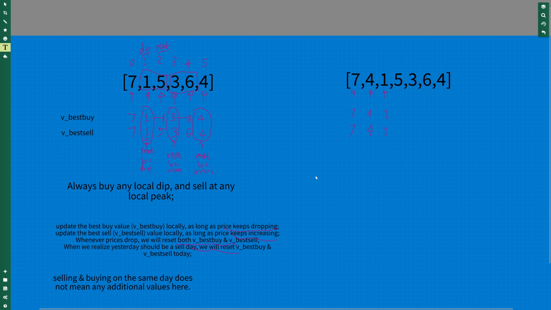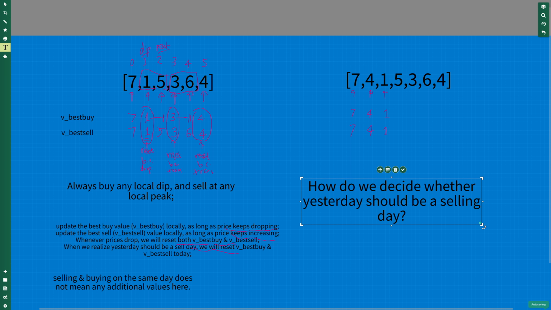So how do we decide when is a selling date, whether yesterday should be a selling day? Well, we can never know if today should be a selling day.